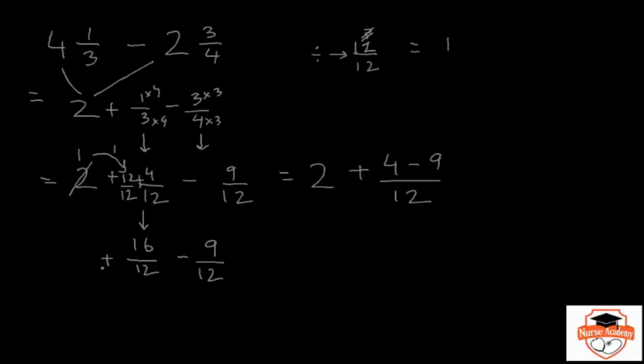And let's not forget, there was a 1 whole before this. Therefore, this is going to be 1 whole plus 16 minus 9 on the top over 12. So that's 1 whole and 7/12. Make sense? Great. I'll see you soon.